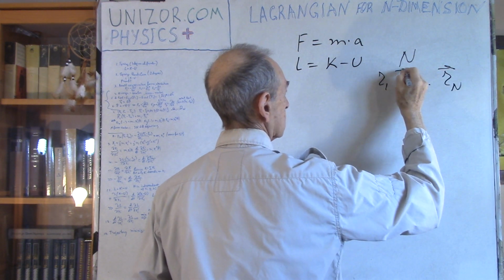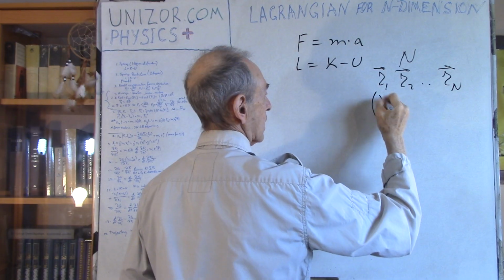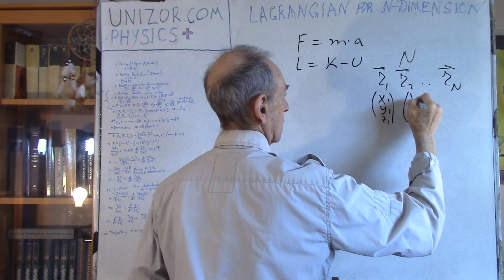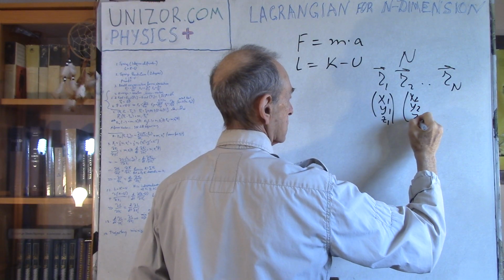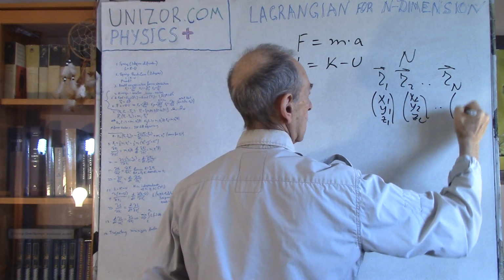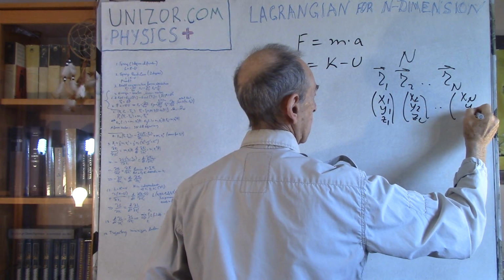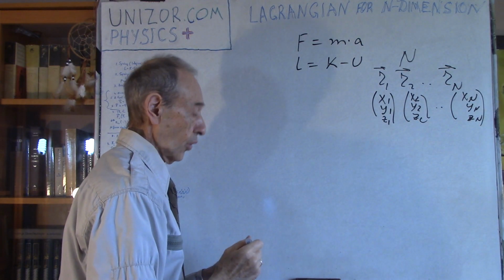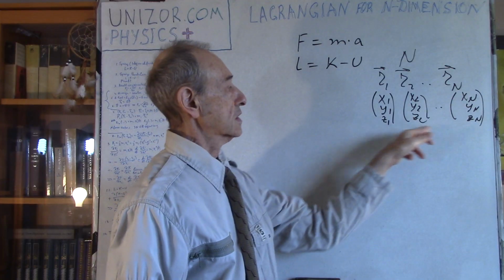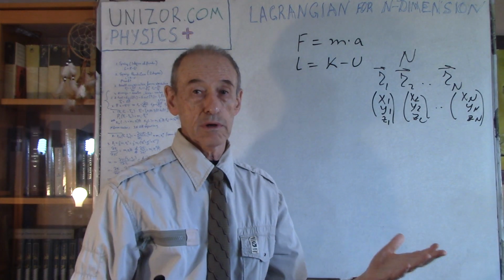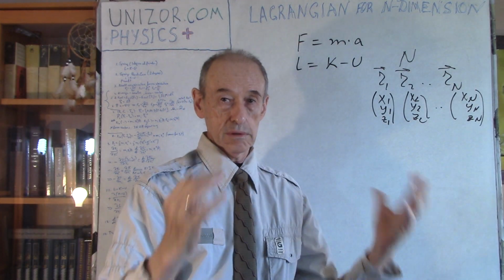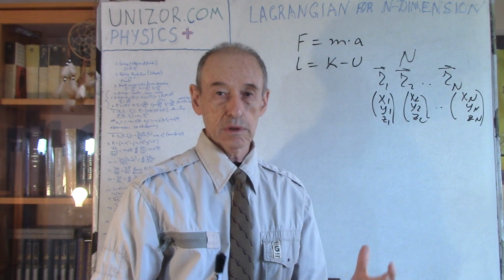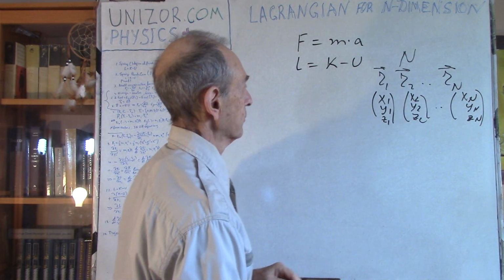All of them are vectors, which means all of them are triplets: x1, y1, z1, x2, y2, z2, etc., xn, yn, zn. So all these 3 times n parameters describe the position of all n objects in our system. All right?